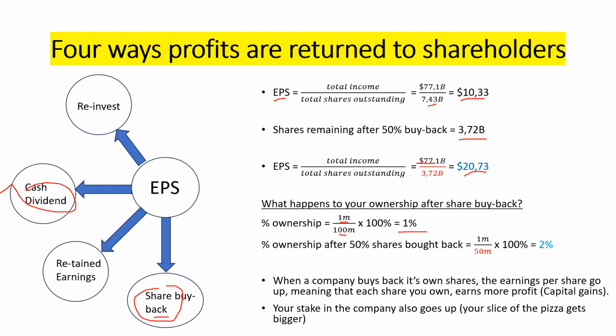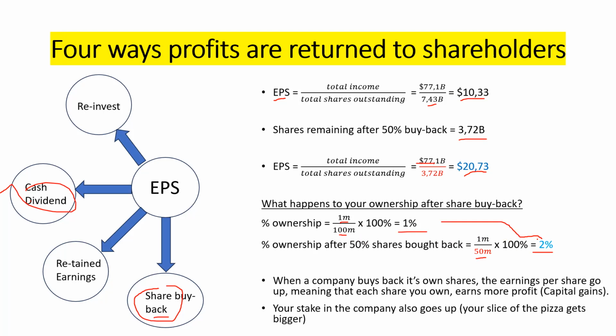So now instead of having 100 million shares in circulation, you now have only 50 million shares in circulation, and you divide your 1 million shares by 50 million, you get 2%. So your stake in the company has also doubled and you haven't even done a thing. Okay?